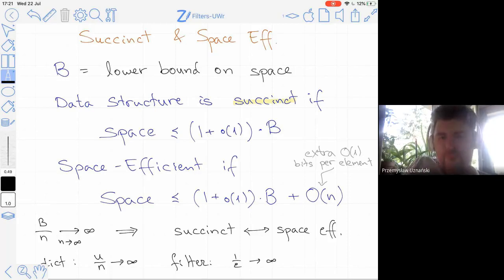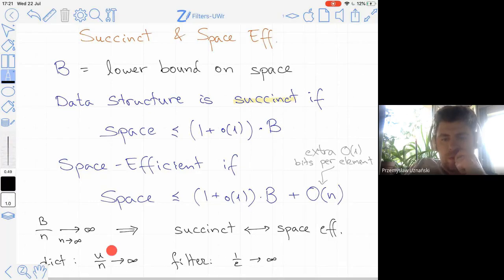So we will have this extra linear term in the space, which means an extra constant number of bits per element. And in what I consider to be the interesting cases of the dictionary, where the universe grows faster than n, or where the epsilon tends to 0, it is the same as being succinct. Good.